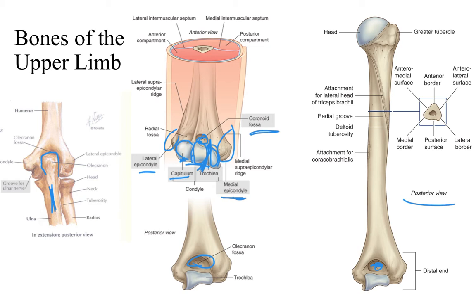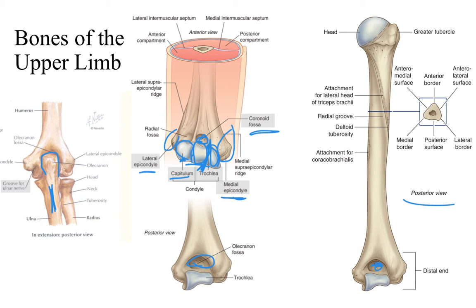So I recommend two things, and we'll talk a little bit more about this in the next couple slides. On your own, flex your elbow, take your other hand, find your olecranon process, which is the point of your elbow, and then extend your elbow.